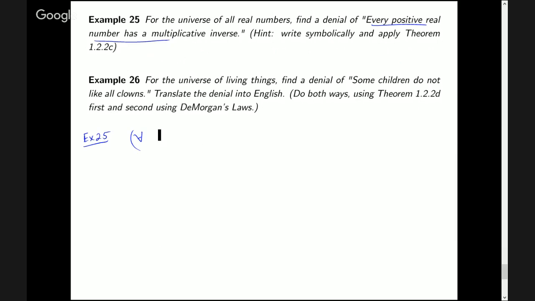We're just going to assume it's the real numbers. For all x, it has a multiplicative inverse, so I know there exists a y, so that x times y is equal to 1. Multiplicative inverse means you multiply them both together and you get 1. Okay, so that's the symbols. Now, let's deny it.